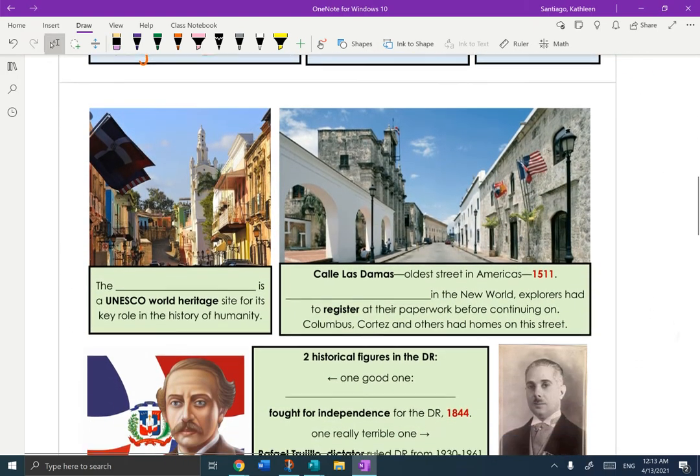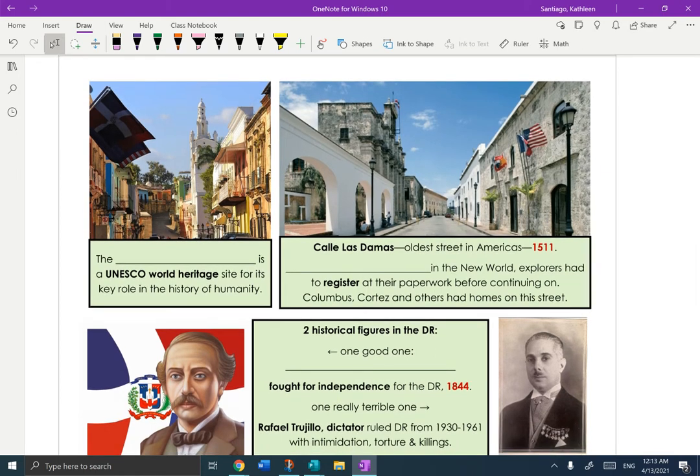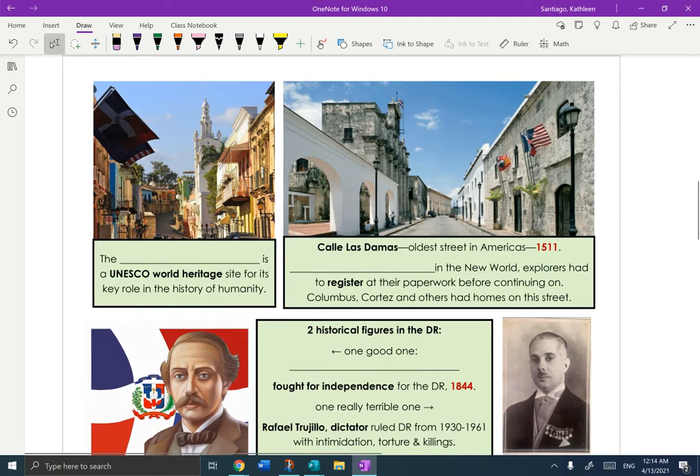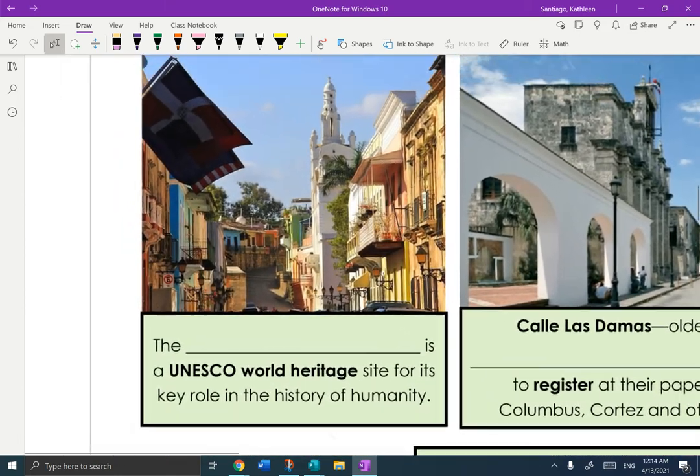On the second page of notes, you can see the top part. I really want to spend a minute talking about how important Santo Domingo and the Dominican Republic are to the history, not just of the Caribbean or the Americas, but it's the history of the world. Let's look at this first picture here.